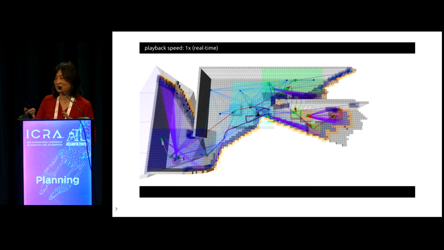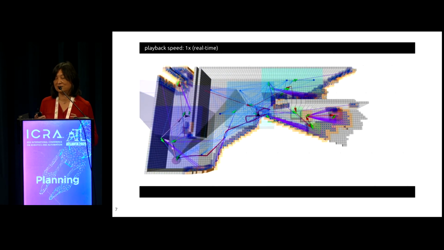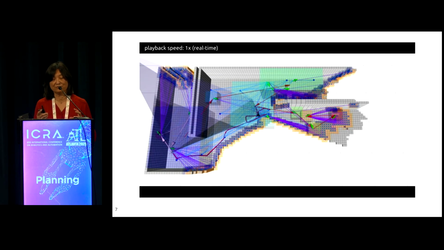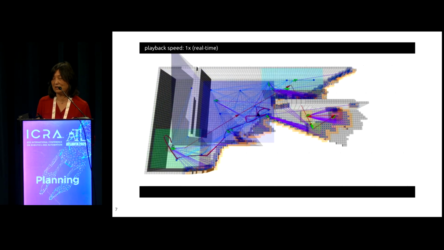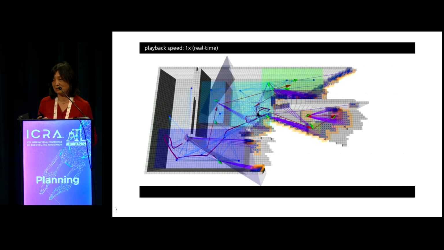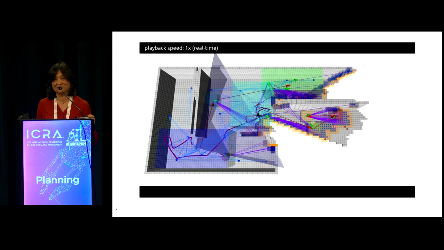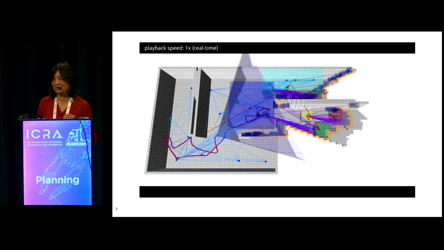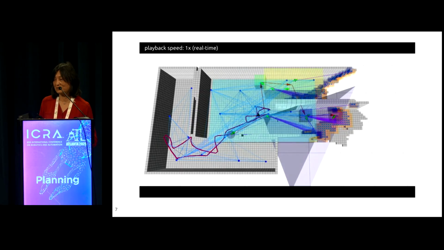So as you can see, there are some colored regions. These are the clusters of a lower level perception network. So all the nodes are within some distance threshold, and they can be reachable by the robot.